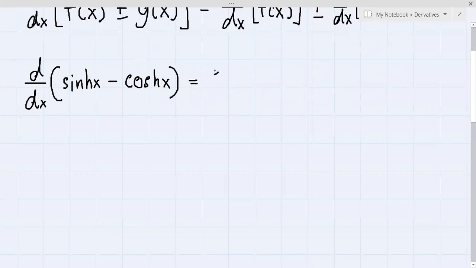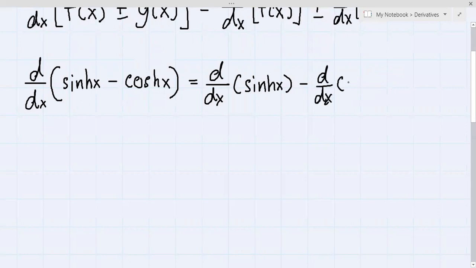So therefore, we will have the derivative of sine hx or hyperbolic sine x. Ginawa ko lang sine hx kumbaga mahaba kasing wording if you know what I mean. Next, minus then the derivative of cosine hx or hyperbolic cosine.